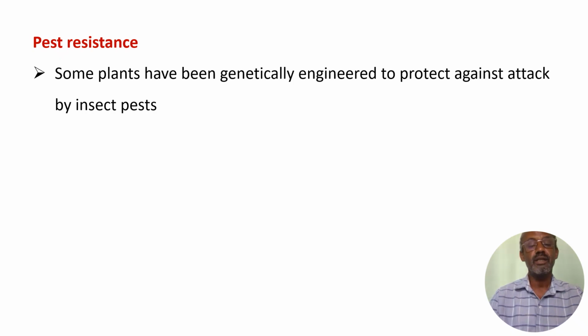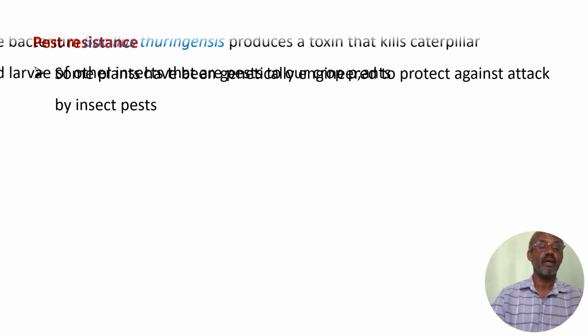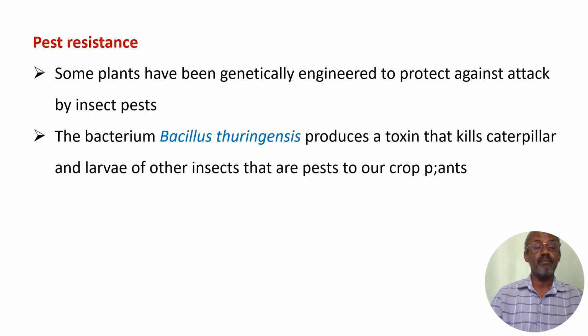Some plants have been genetically engineered to protect against attack by insect pests. The bacterium Bacillus thuringiensis produces a toxin that kills caterpillars and larvae of other insects that are pests to our crop plants.